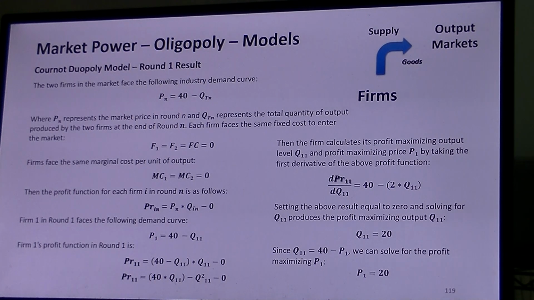They have the total market. So that is the market price in round 1, and QT represents the total quantity of output produced by the two firms.